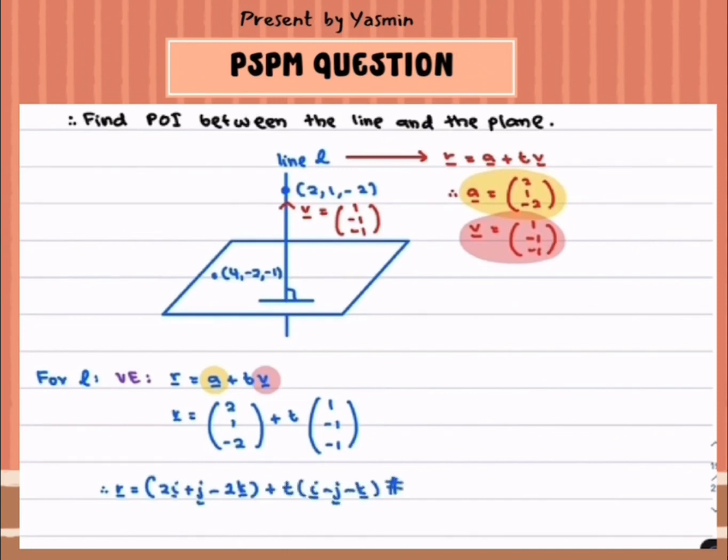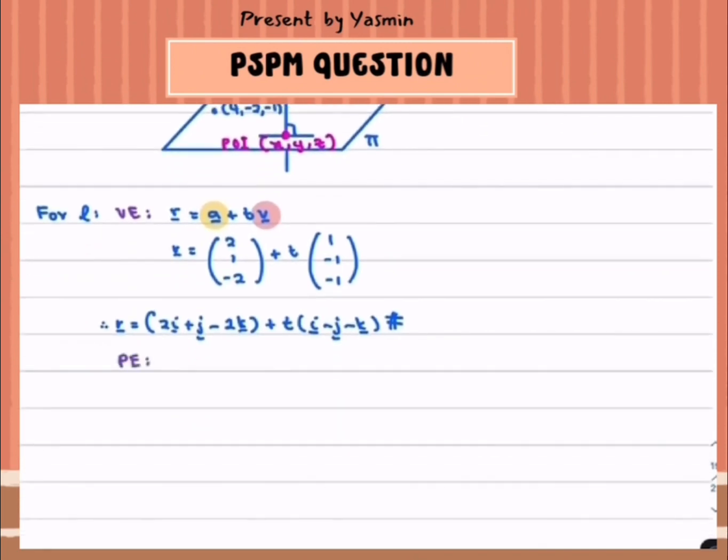And this is the vector equation of the straight line. Next, we also need to find the point of intersection between line and plane. So this is the line, and this is the plane. And hence, the point of intersection will be here, where we will need to find the coordinates x, y, and z. So I need x, y, and z from both plane and line.